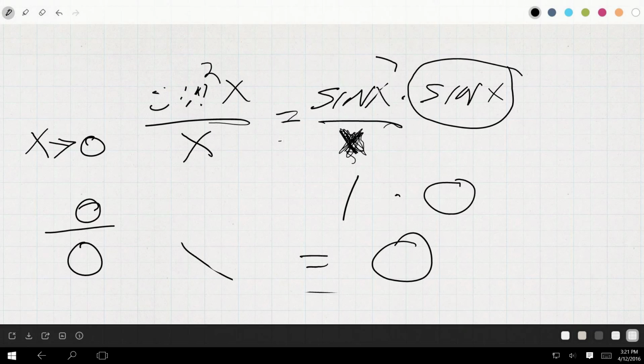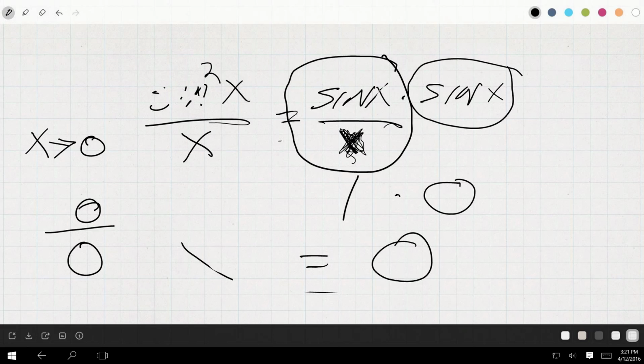The sine of 0 is 0, so I have 0 over 0 with sine of x over x, but that limit is actually equal to 1. 0 over 0 is called indeterminate because it can be 0, it can be infinity, it can be any number, until you do more things.